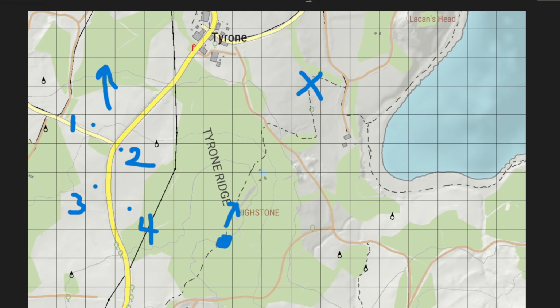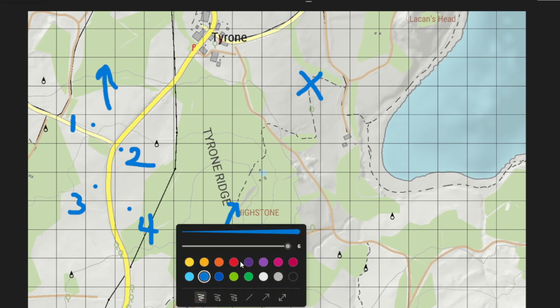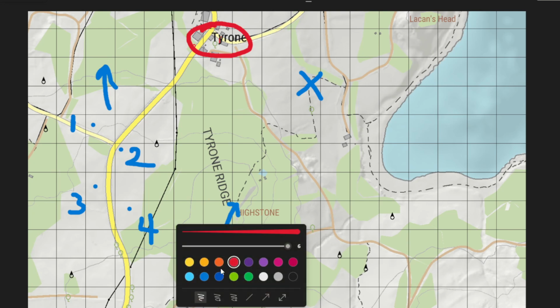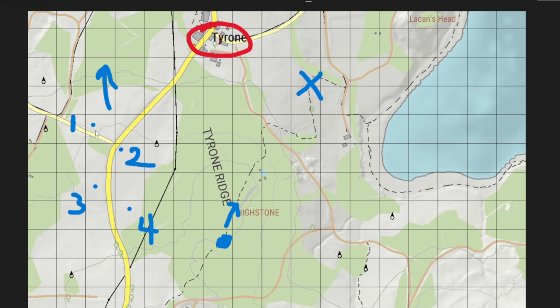For this example, we're just going to say that this town of Tyrone is our threat vector. It's got tangos in it that we need to be worried about. So we're going to set up in that direction first. Because dude number 1 is on the left, it's going to make it a little easier to set up.